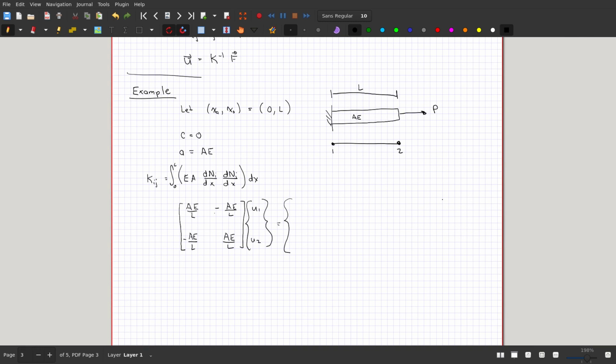Q2 is P, the force applied to the second node, okay? And so the right-hand side would be 0 and P. Okay? So now we have a system of equations we can solve. Maybe.